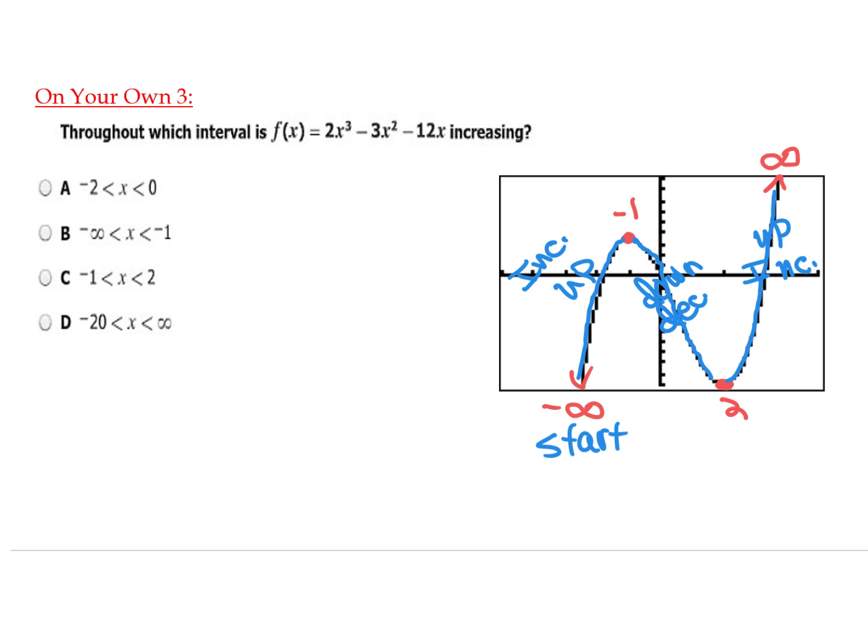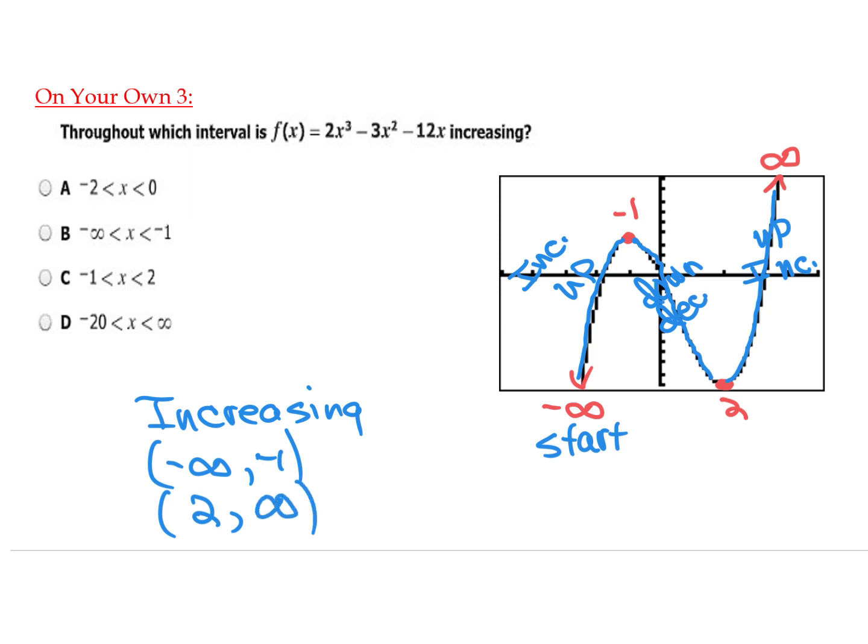All right, so increasing, and I'm just going to write it in interval notation, is going from negative infinity to negative 1. And also, it is going from 2 to infinity.